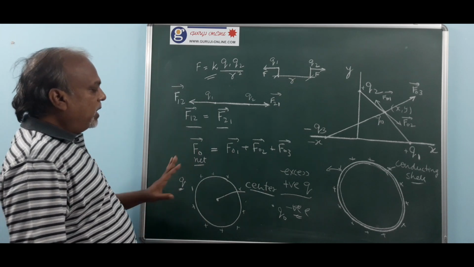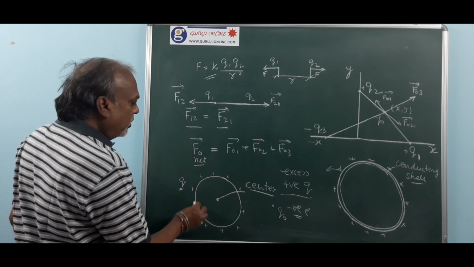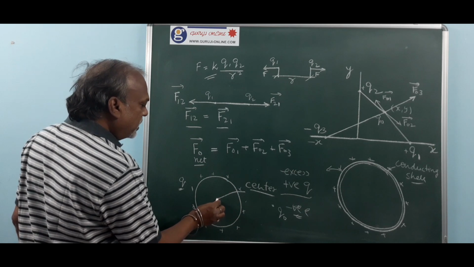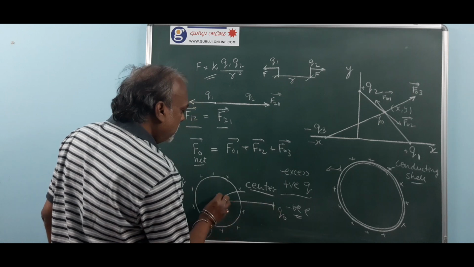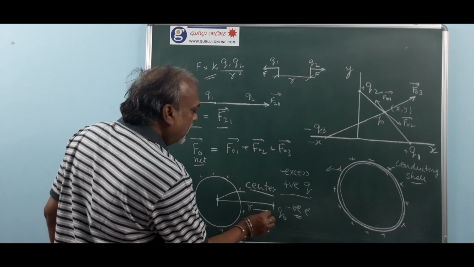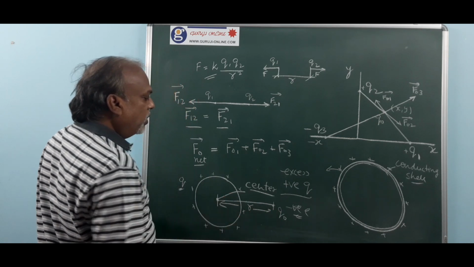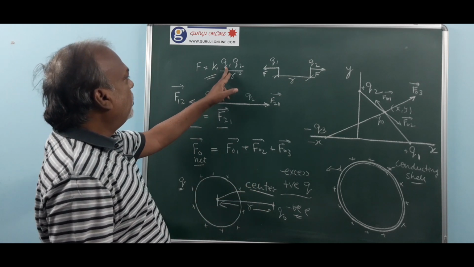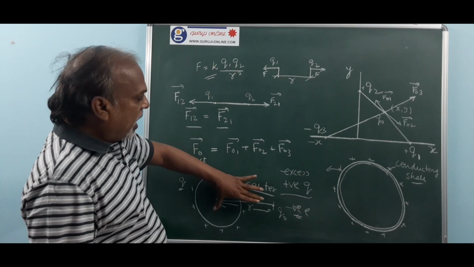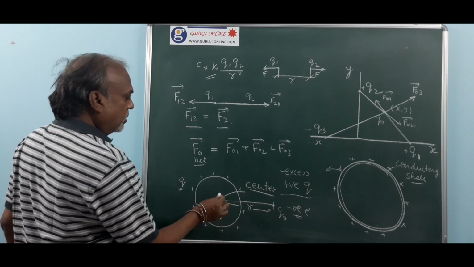This is the same as this. The only thing is, as I told you, you just assume this charge is concentrated at the center, and take this. Then naturally this will be the r distance, and your F will be nothing but K Q into Q0 upon R square. This is your R square.